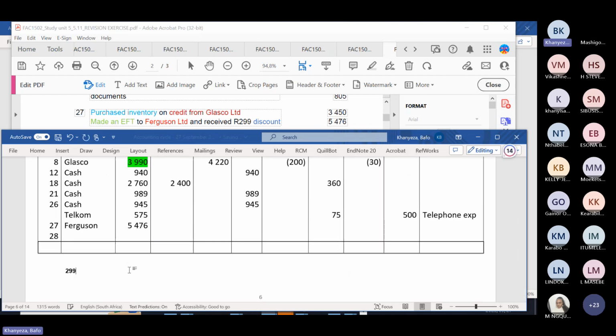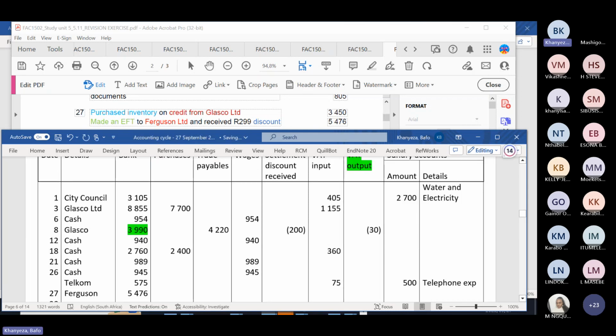So the VAT is going to be 39, and exclusive of VAT, I think it's 260.